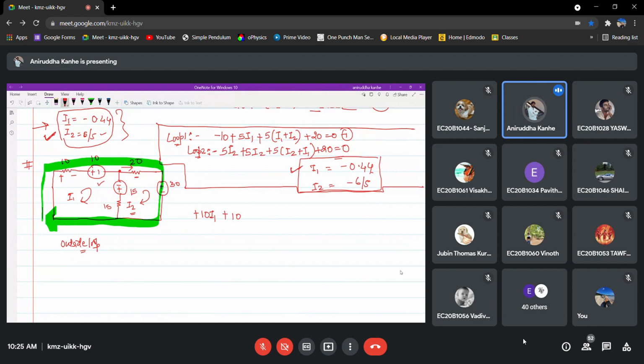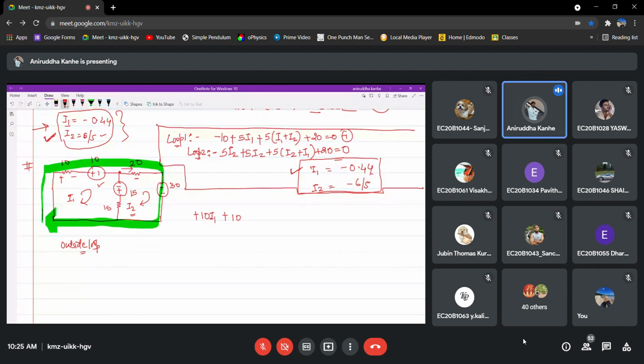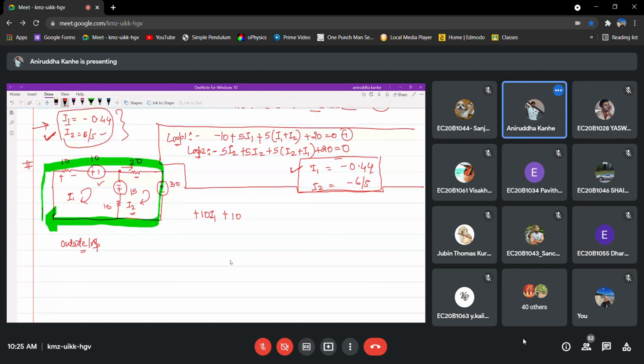I2, sir. Is it in the direction of your walking? You are walking in a clockwise direction, and I2 also goes in a clockwise direction, right? You are walking in the circuit, and I2 also joins you. So both of your directions are the same, hence positive sign. So 20 into I2. Then you are here, so plus 30 is 0. Is that fine?